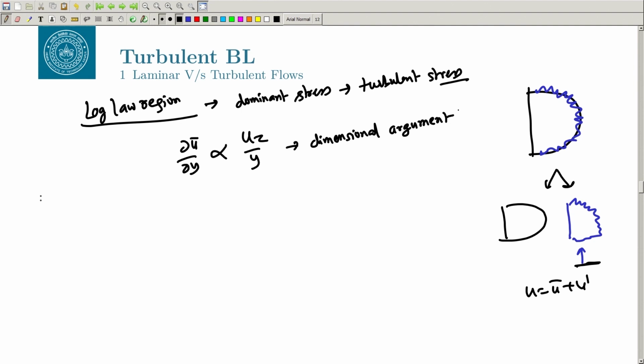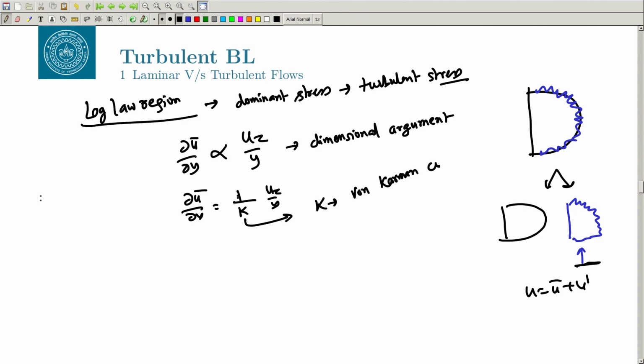Then we can use a proportionality constant: d u bar by dy is equal to 1 by kappa times u tau by y. This kappa is called the von Karman constant.